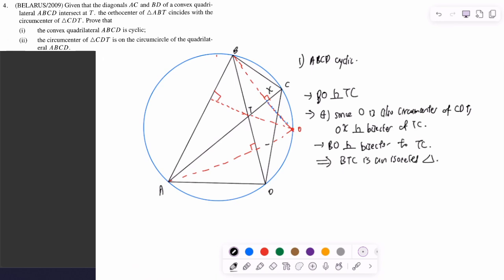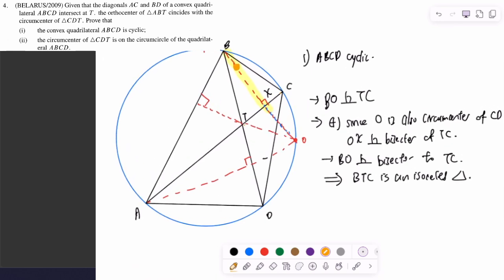The intuition for this is that along any point of the perpendicular bisector, for example this point, the distance from T and the distance from C is the same.